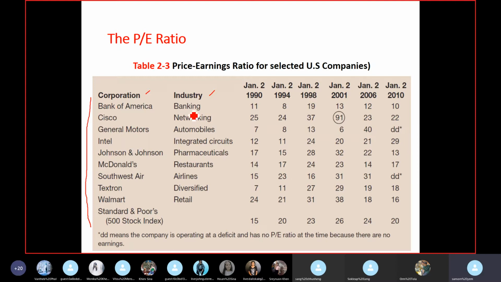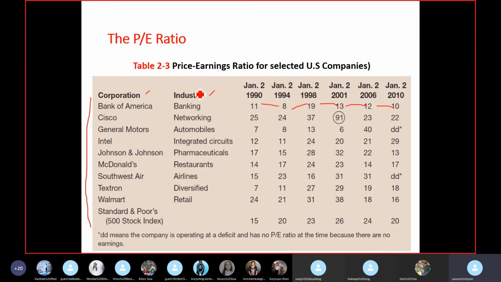The industry of this corporation is banking. The PE ratio in 1990 is 11. The PE ratio in 1994 is 8, which means a little bit down. Then the PE ratio in 1998 is 19, an increase. And the PE ratio in 2001 is a little bit down, not sharply down.